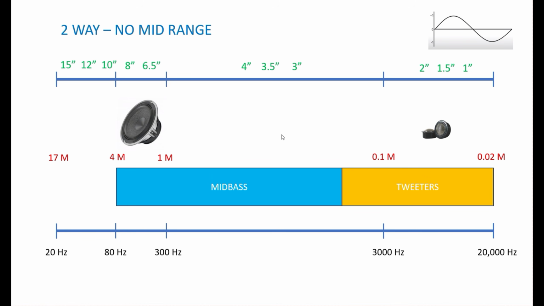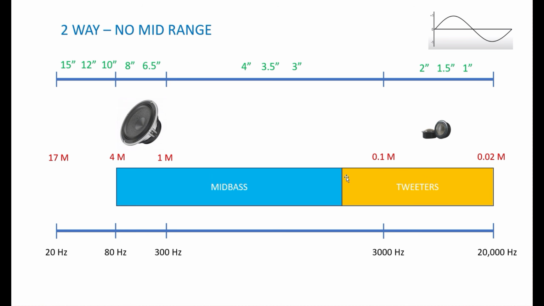I much prefer three-way systems, and the reason for it, as we just said, is this mid-bass will play 1,000, 2,000 hertz, whatever the crossover is going to be, but is it going to be as clean and as nice as if it was being played by a speaker that is the right size to play it? Now, I know you can buy component systems where the mid-bass and the tweeter are paired to do this.